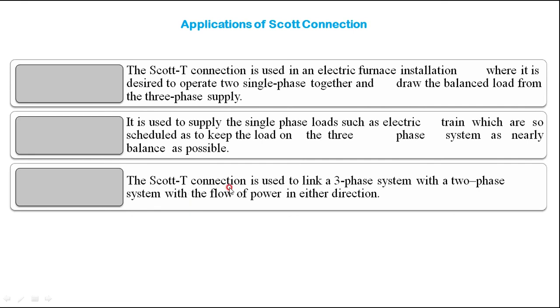The Scott connection, or T connection, is used to link a three phase system with a two phase system with a flow of power on either side. It is used for converting three phase to two phase or two phase to single phase. These are some of the applications of the Scott connection or T connection.